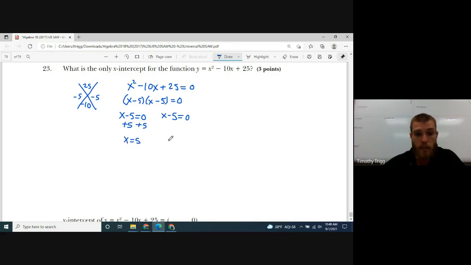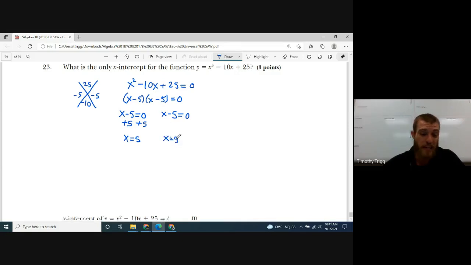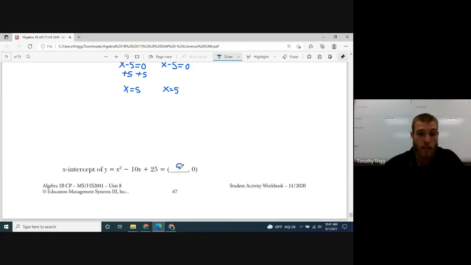And this one would give you the same, right? So this one only has one x-intercept, and it's at 5, 0. So the graph, if you were to graph it, would be a parabola with its one x-intercept at 5, and it'd be something like that, where its vertex is its one x-intercept at 5, 0.